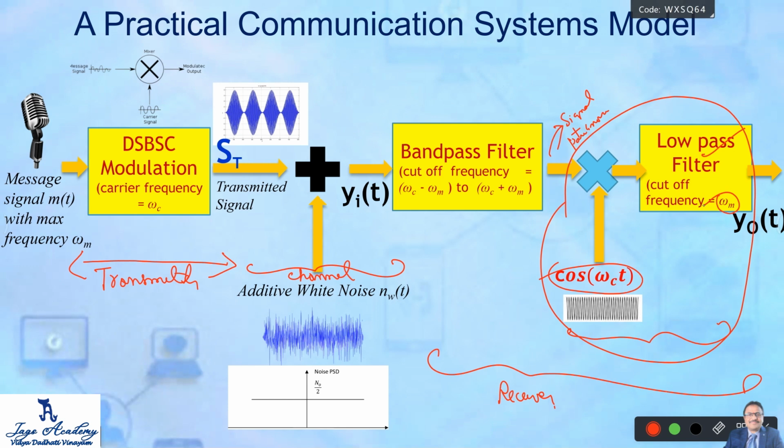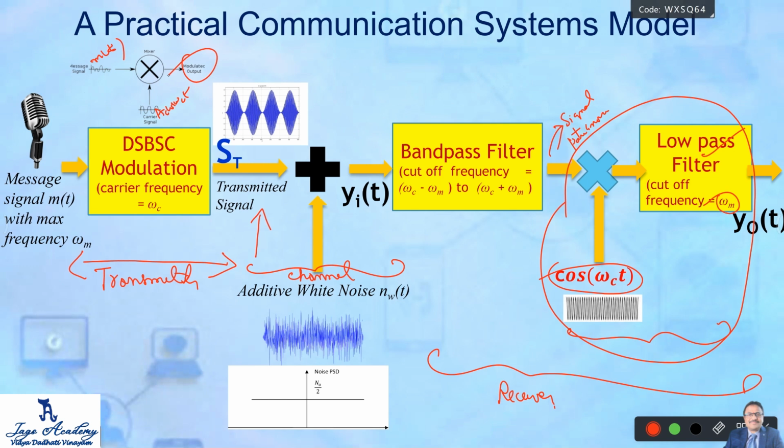See here. Can you tell me, if m of t is your signal and Ac cos omega ct is your carrier, what will be the output you get at this point? If this is m of t and this is Ac cos omega ct, what will you get here?